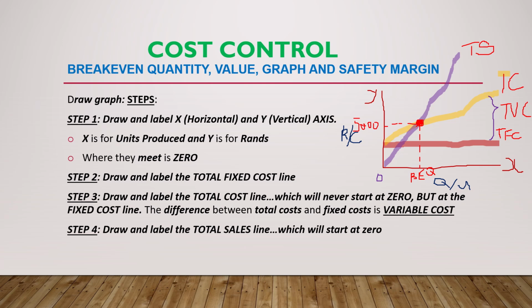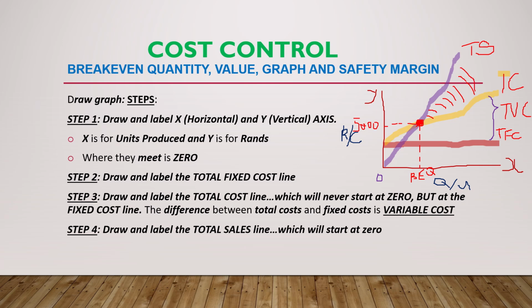Right? Now, what's the other thing that we said we need on the graph? We need to show the profit and the loss. Now we must take note that from the break-even point going up, or above break-even point, the business is making profit. Why do we say that? We all know that profit is when your sales are more than your cost.